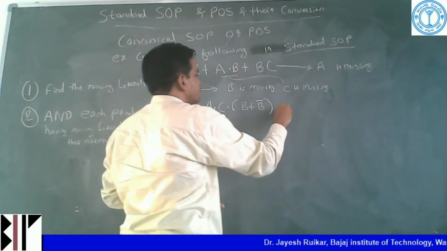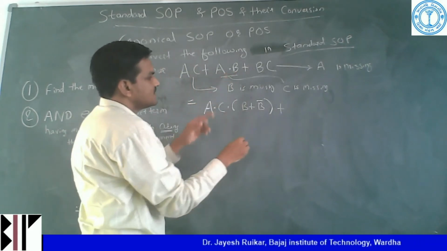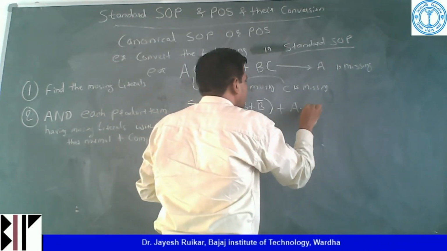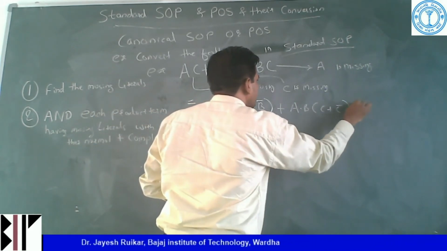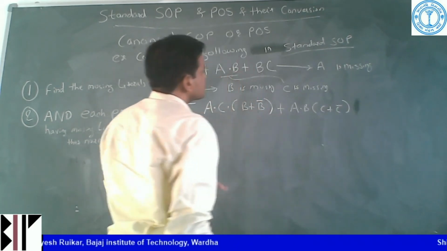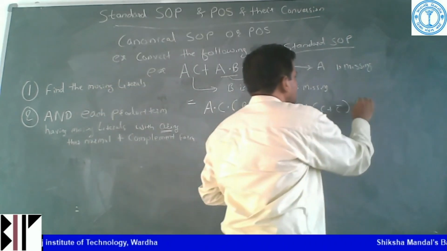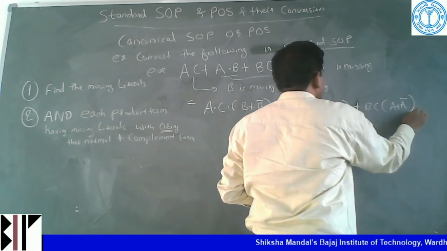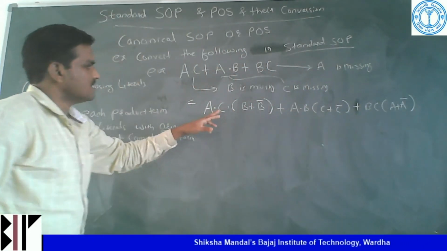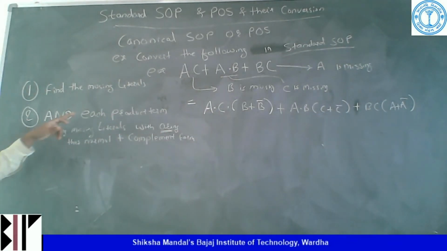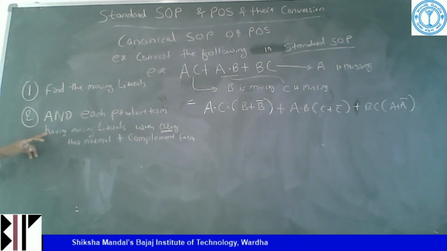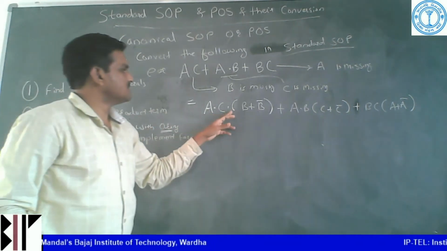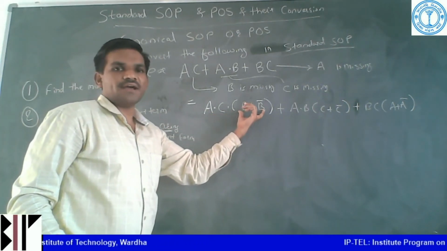The same step is for the others. Here C is missing, so A dot B and C plus C bar. Next plus BC, and A plus A bar. So I have ANDed each product term with the complementary and normal form.